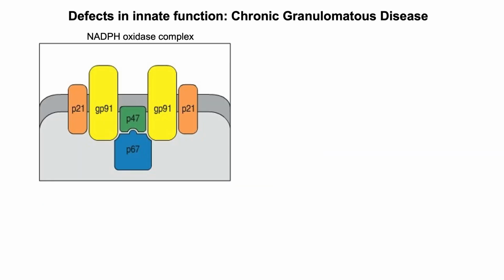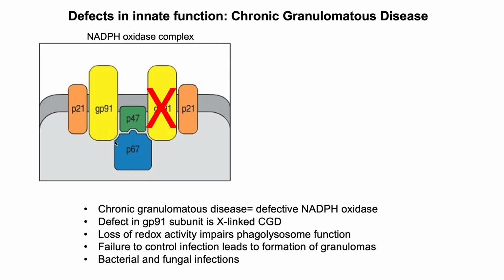Now I'm going to end with just talking briefly about 2 diseases. This should be review for you. One of them is a disease called chronic granulomatous disease. And chronic granulomatous disease results from defects in the ability of phagolysosomes to undergo oxidative burst. And in particular, it's a defect in this enzymatic complex called the NADPH oxidase.